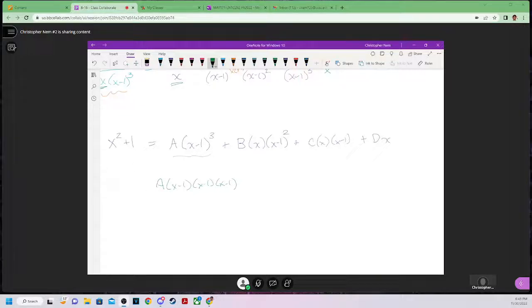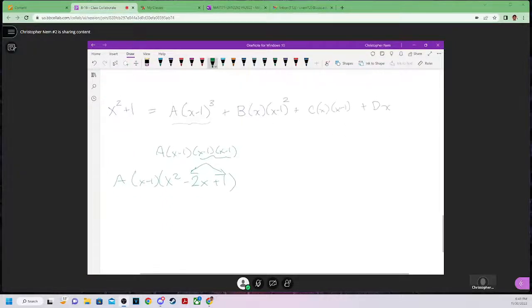And I'm going to do it step by step. First, I'm going to multiply these two. If I multiply these two, I get x squared minus 2x plus 1. And this is times x minus 1 times a. This is exactly that piece. All right? Now I have to FOIL it again. So if I FOIL it again, I get x cubed minus 2x squared plus x minus x squared plus 2x and then minus 1, times a.